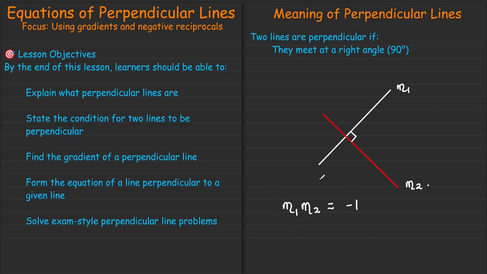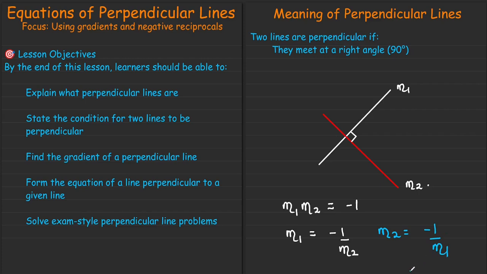Now, with this in mind, if we make M1 the subject, then we can say M1 is equal to -1 over M2. Also, if we make M2 the subject, we could also say M2 is equal to -1 over what?